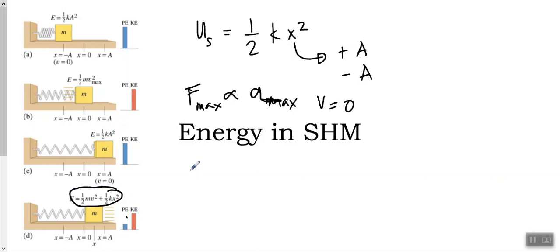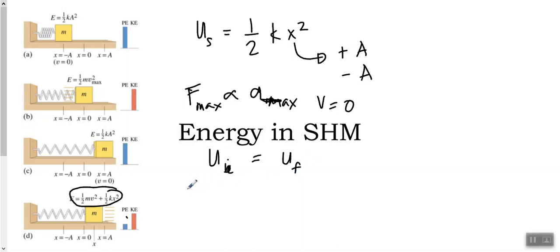So given that, we can have the energy equation for a simple harmonic motion, which is, the energy before, or initial, is equal to the energy final, or after.